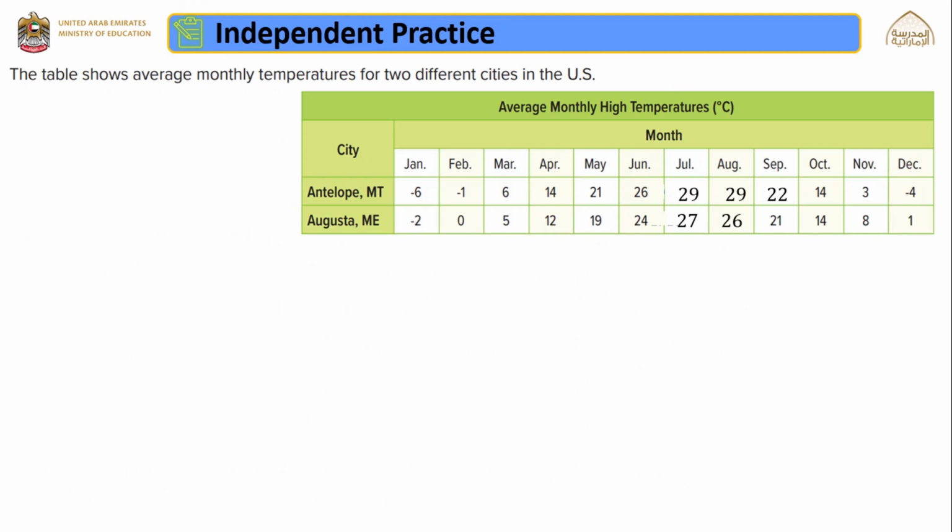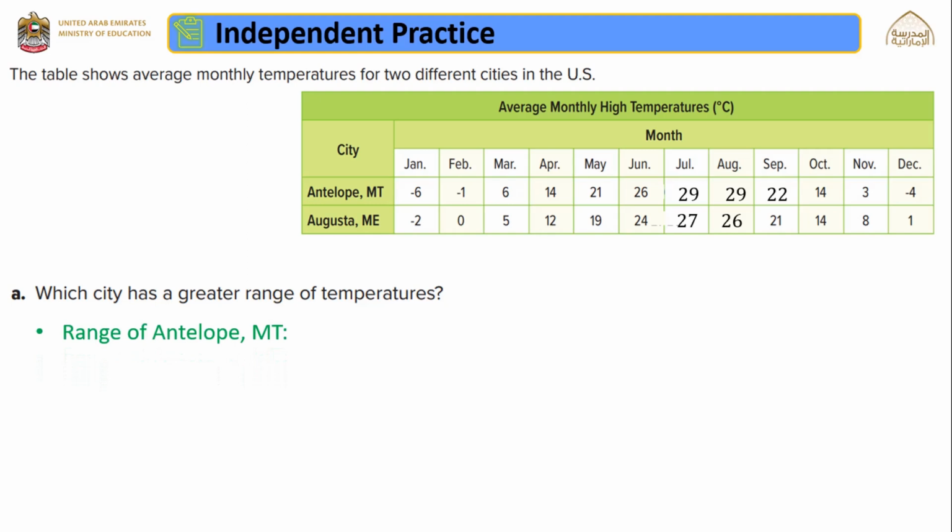Independent fact. The table shows average monthly temperatures for two different cities in the United States: Antelope, Montana, and Augusta, Maine. A. Which city has a greater range of temperature? The range is the difference between the highest value and the smallest value. So the range of Antelope, Montana is 29 minus negative 6, which is 35.